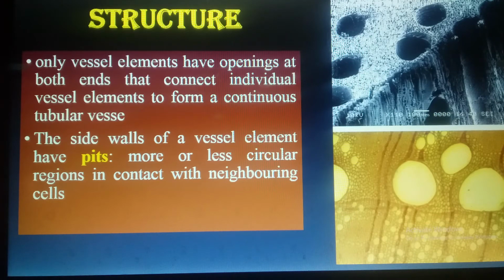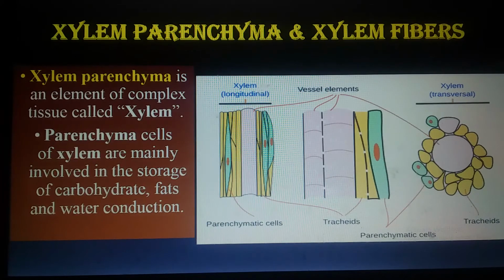Is it clear now? Now I'm moving towards the xylem parenchyma and xylem fibers. First of all, xylem parenchyma. As we know, parenchymatic cells are very important storing tissues. So parenchyma cells of the xylem play a very important role in the storage of carbohydrates, fats, and water, etc. They also play an important role in water conduction.